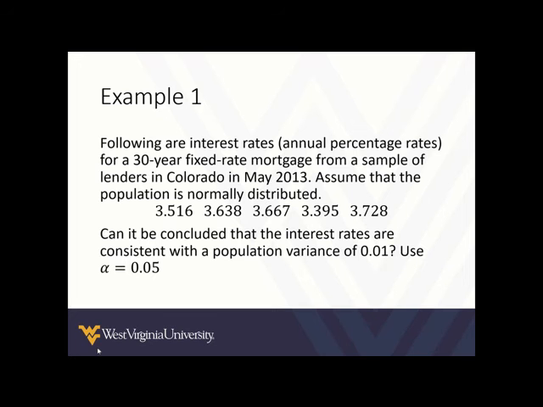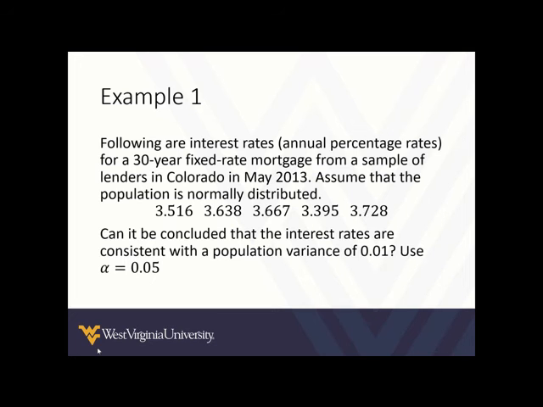That's not always true when we are doing a hypothesis test for the population variance. Sometimes we want our variance to stay consistent. We want it to stay approximately the same. We don't want it changing, because if our variability changes, then it's harder to predict things.